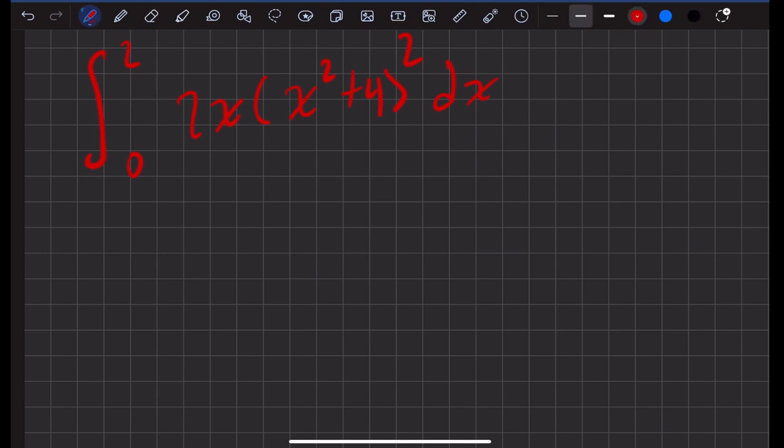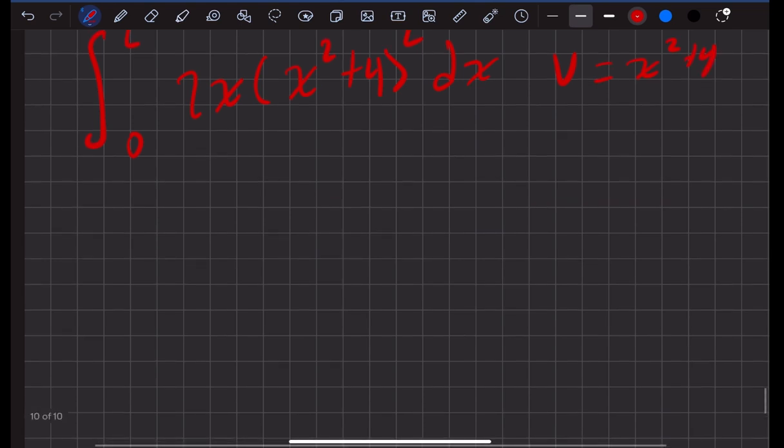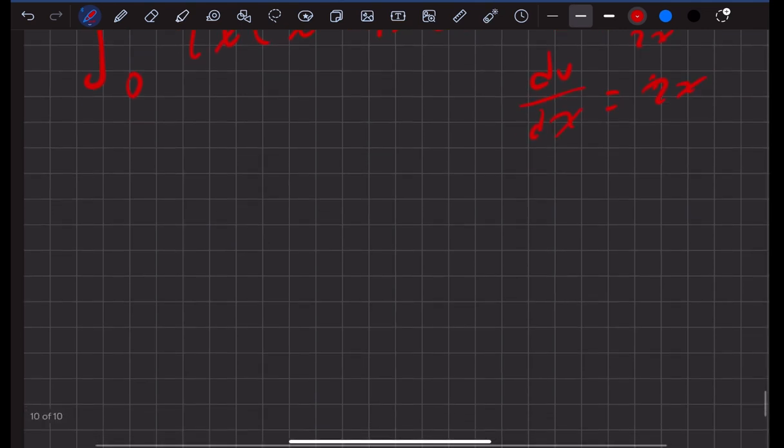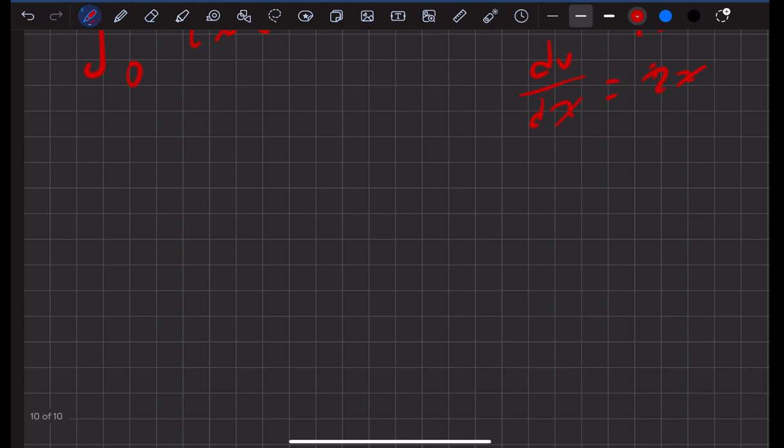So like before, we're going to find something within some sort of notation and try to find a u sub for it. So in this case, we're going to use x squared plus 4. So u equals x squared plus 4. We're going to find du for that. And in this case, the derivative of x squared plus 4 is 2x. So here we'll just solve it for dx.